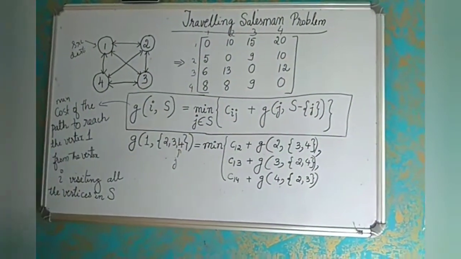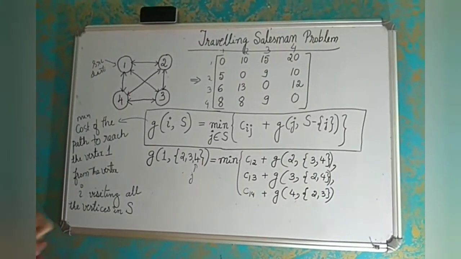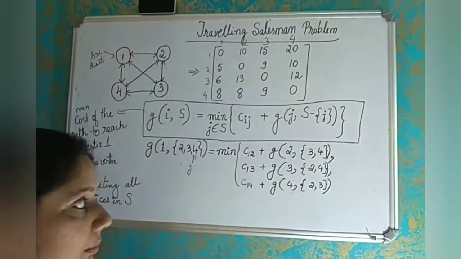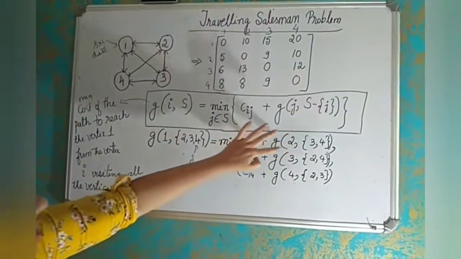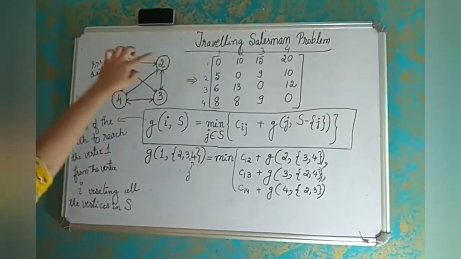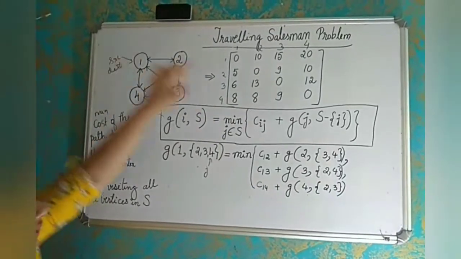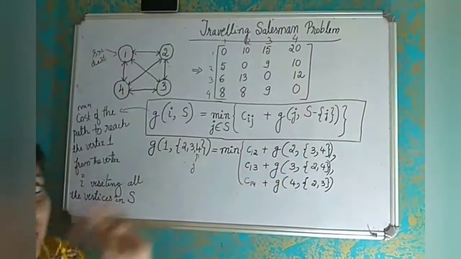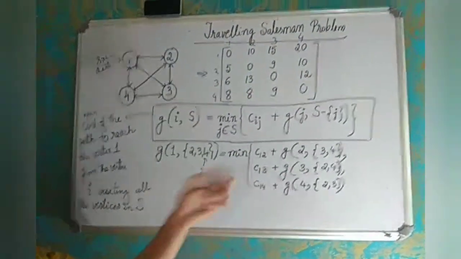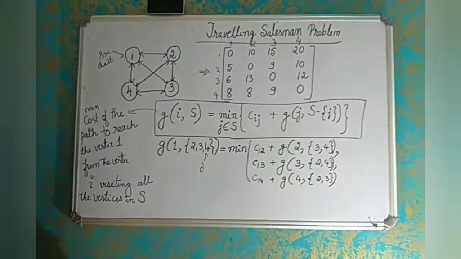Now just observe all these values and understand what they are. G of 2, 3, 4 means what? What is the cost of traveling from the vertex 2 to the vertex 1 after visiting the vertices 3 and 4? That is the meaning of G of 2, 3, 4.